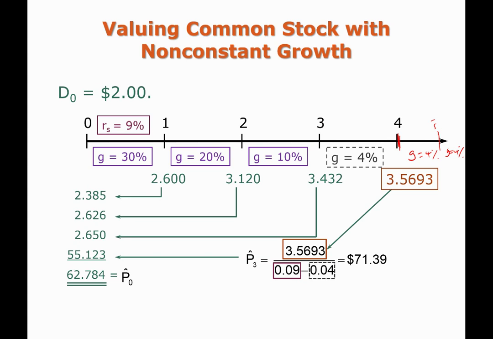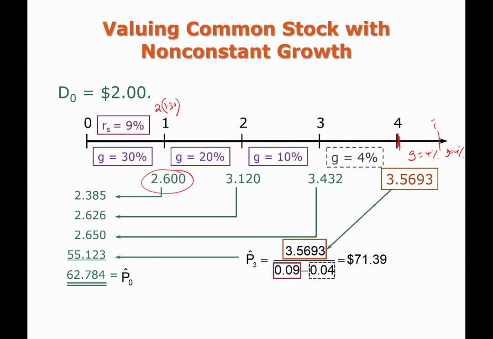Now we know that the dividend paid in year one is going to be the dividend that was paid in the current period, which is $2, times the growth, and our growth in this case is 30%. So it's going to be 1.30. That's what is paid in year one. So you take 1.3 times 2, this will give you the 2.6 that you're seeing here.